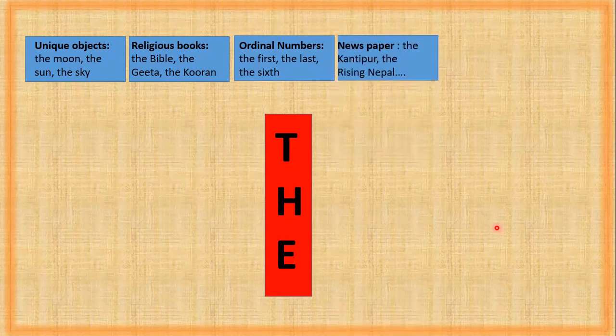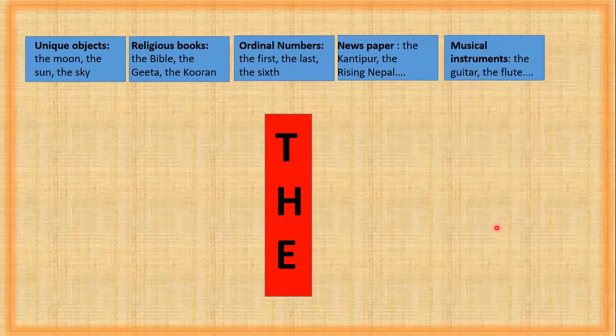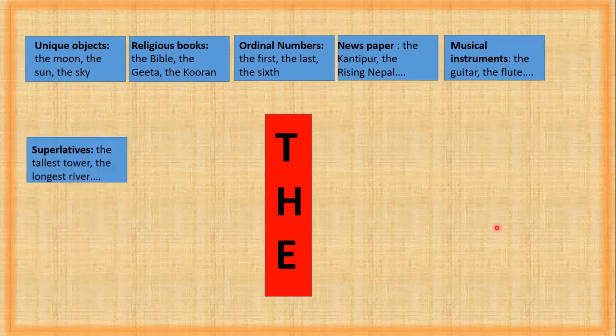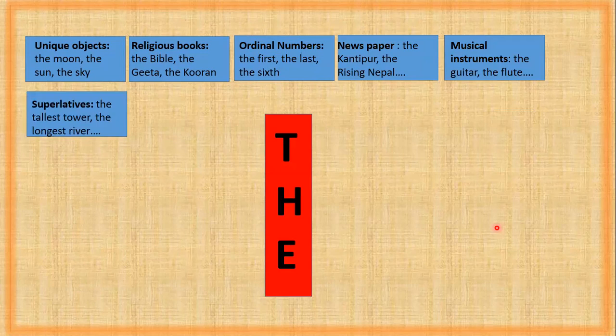Similarly, before newspapers, the Kantipur, the Rising Nepal, the Himalayan Times, the New York Times. Similarly, before musical instruments, the guitar, the flute. Similarly, before superlatives, the tallest tower, the longest river, the most difficult problem.